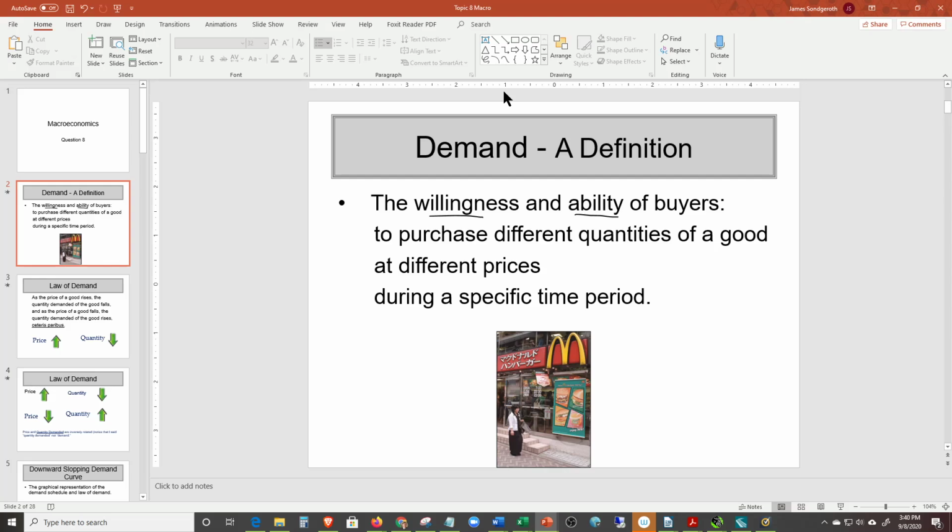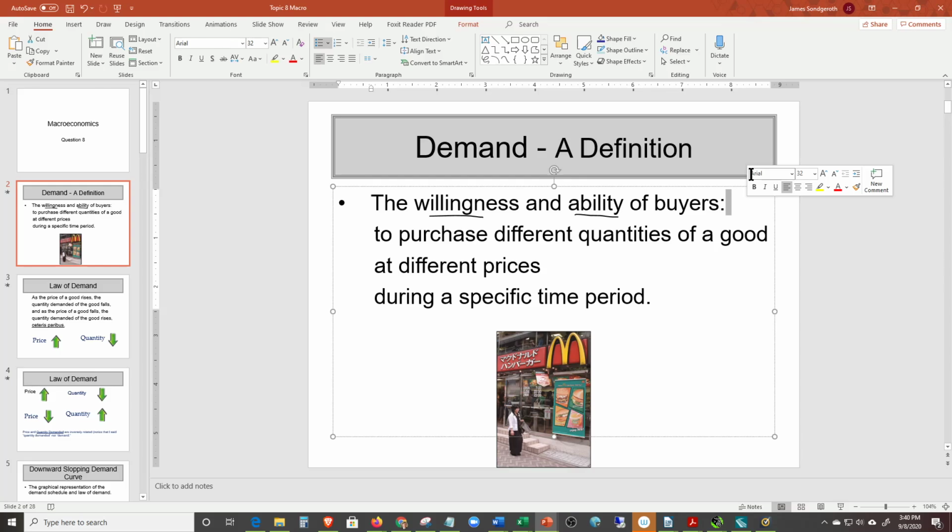So the willingness and ability of buyers to purchase different quantities of a good at different prices during a specific period of time. I'm not sure why that colon is there. Let's remove it. All right.